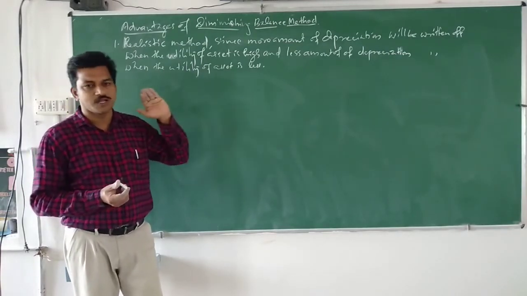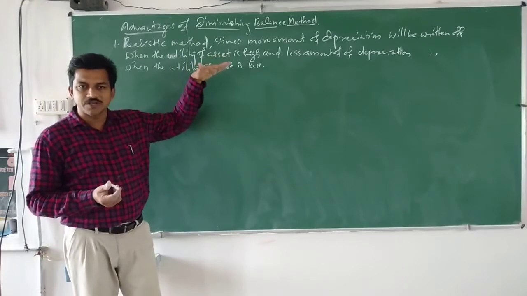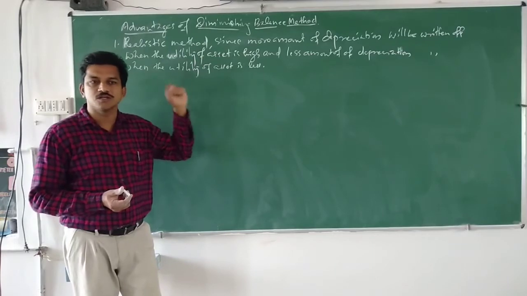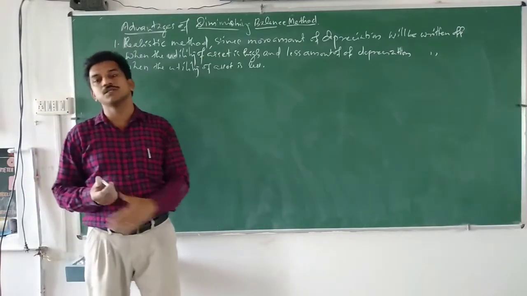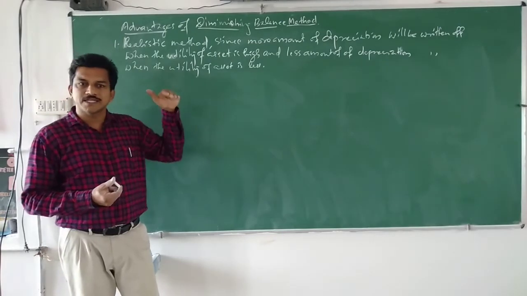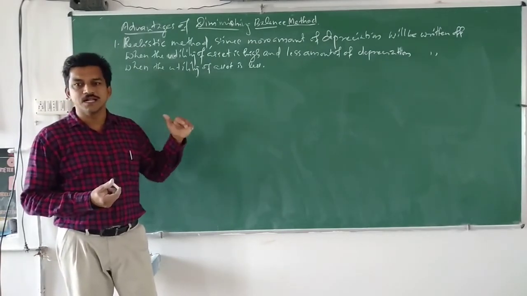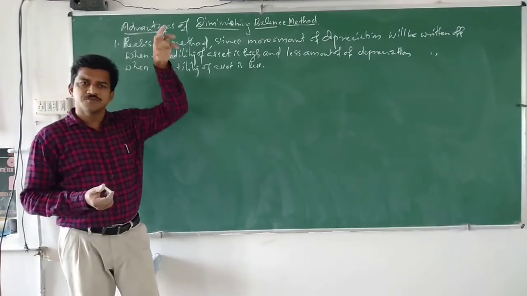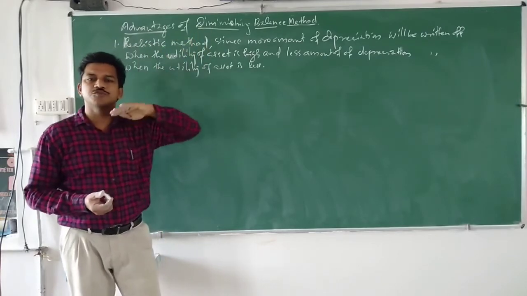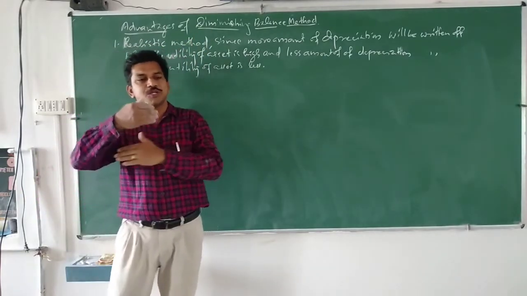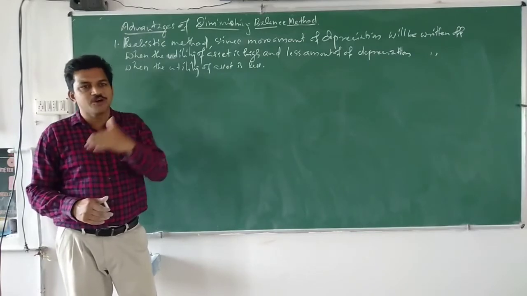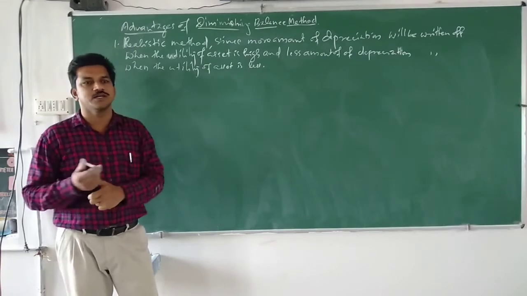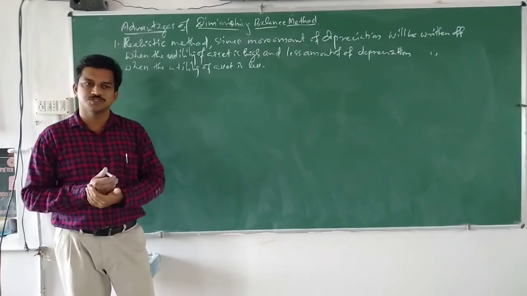Of course, that is for another machine. First year 20,000 is written off, next year 18,000 is written off, and like that it decreases. The third year's depreciation is written off from the opening balance of the third year. That means when the utility is more, we write off more depreciation, and when the utility decreases, the depreciation will decrease. So that's why it is a realistic method of providing depreciation.